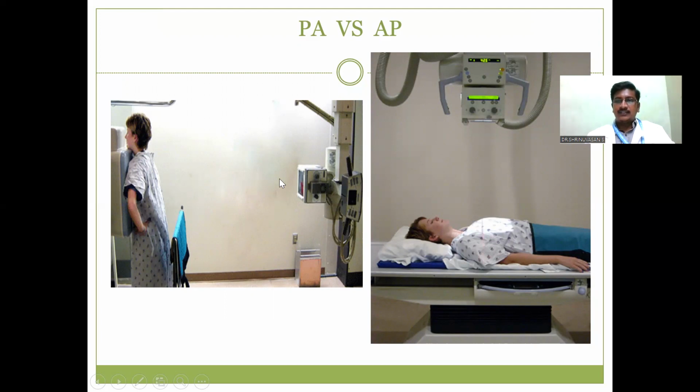So why have we chosen 6 feet? That means 180 centimeters, so that we can avoid the unnecessary magnification of the cardiac shadow. So we can assess whether the cardiac shadow is enlarged in size or not. This 180 centimeters or 6 feet is the standard we follow in PA view.